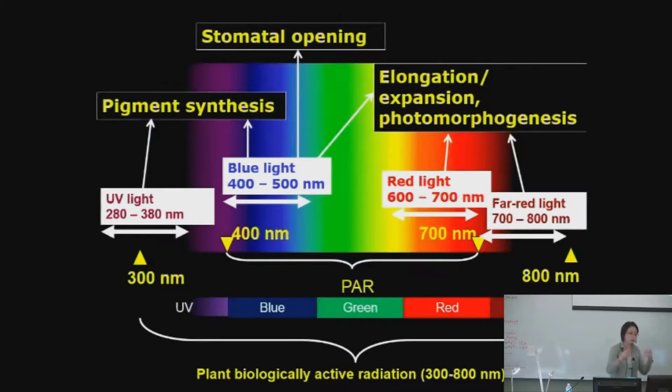When blue light exists, then stomata opening tends to increase. So more opening of stomata if blue light comes in. And blue light and UV light affect the pigment synthesis. So the anthocyanin purple pigments in strawberry, purple or red lettuce, or eggplants, those pigments are affected by or enhanced by UV light.